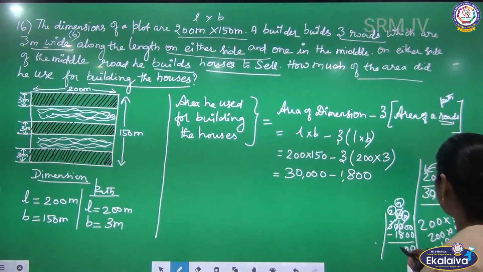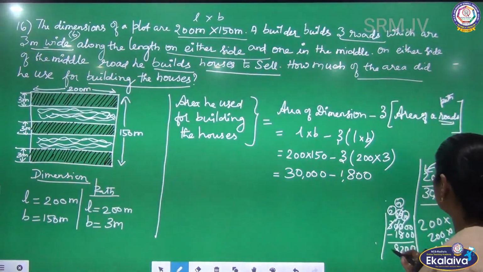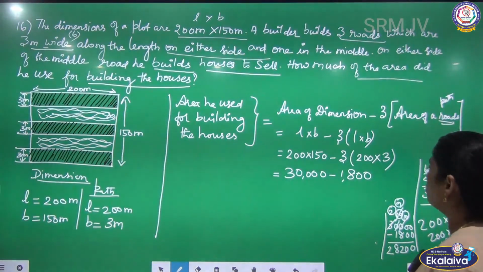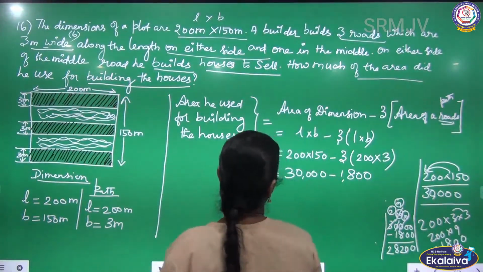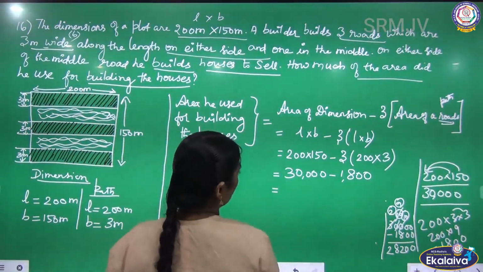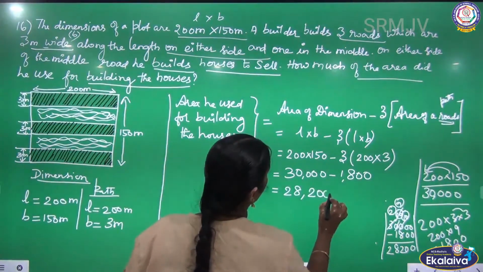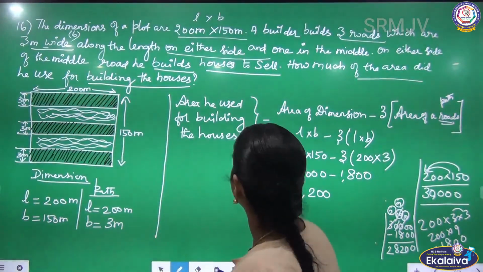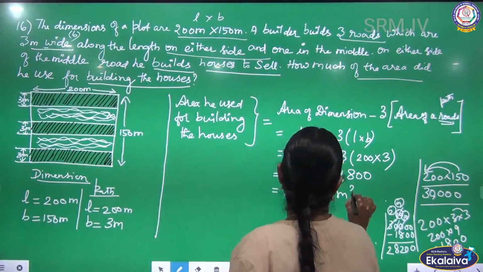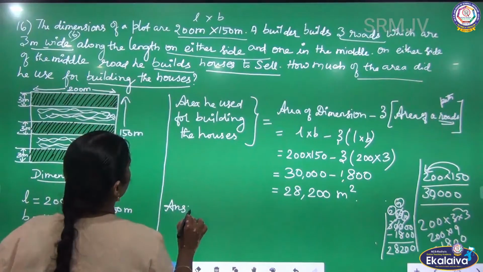So 10 minus 8 is 2. 9 minus 1 is 8. So drag this 2 down. What is the answer? 28,200. What is the unit given here? Meter square. Now write the answer, children.